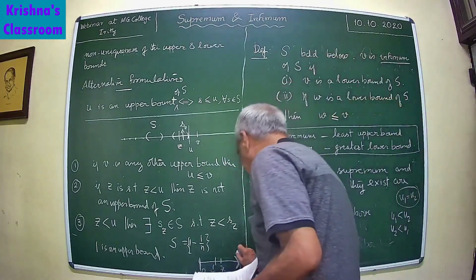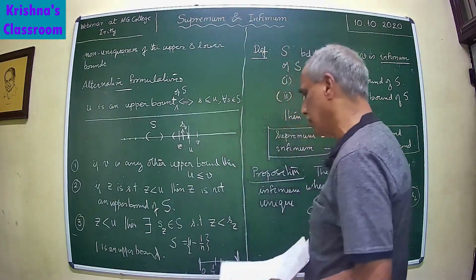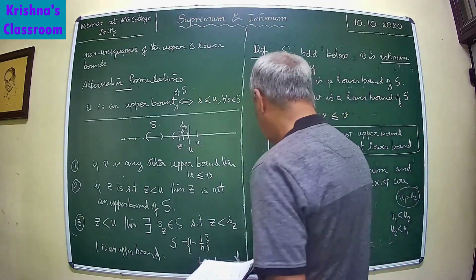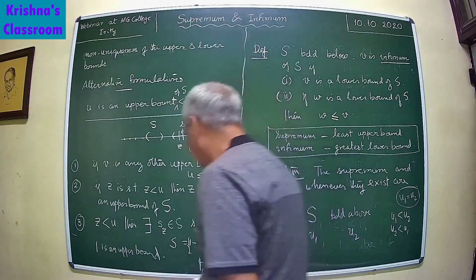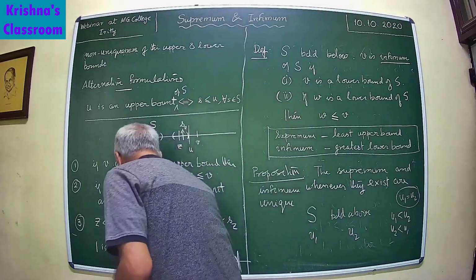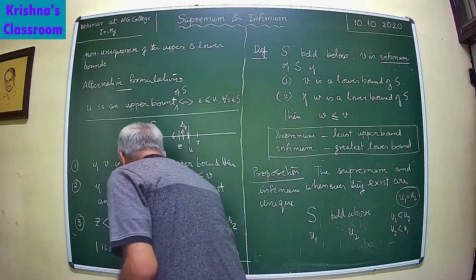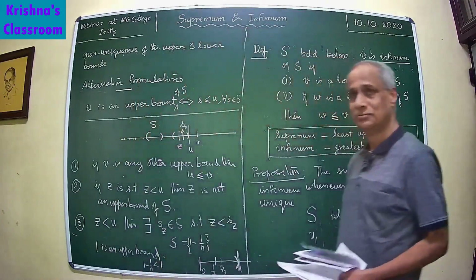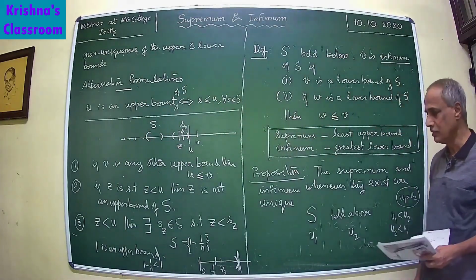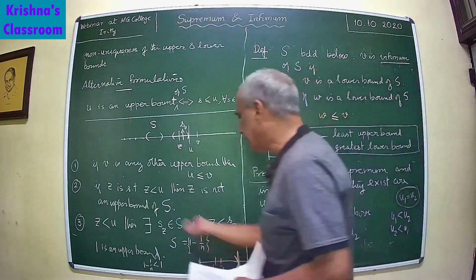If 1 has to be the least upper bound, then 1 minus 1 by n is less than 1 for every n. That is satisfied. But what about the second condition?